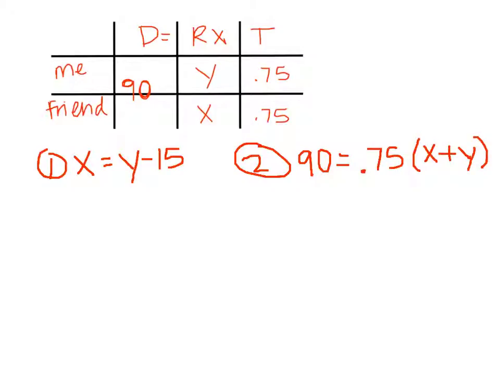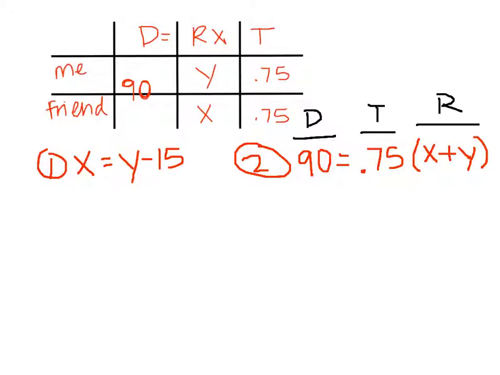And if you don't understand that, I can explain it a little better. So this is our combined distance, my distance plus her distance, but we don't know the individual distances. And then we both traveled the same time. And these are our rates added together.